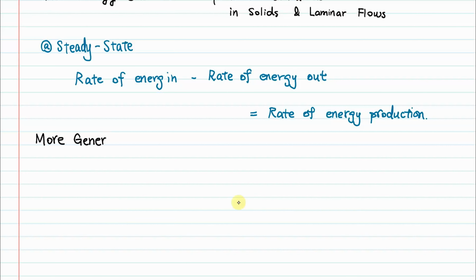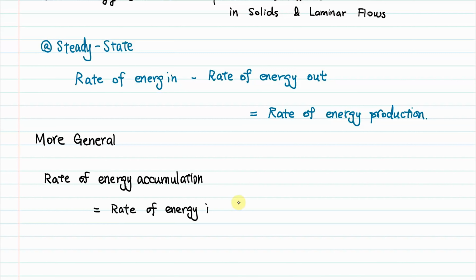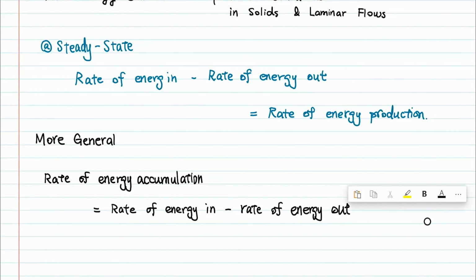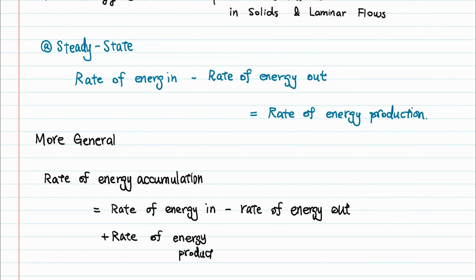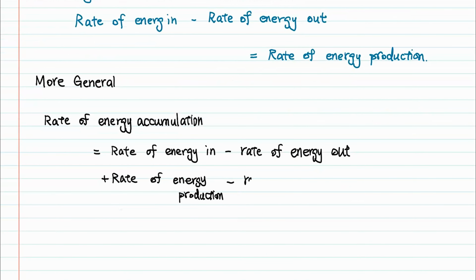More general, we would write rate of energy accumulation equals rate of energy in minus rate of energy out plus rate of energy production minus rate of energy consumption.